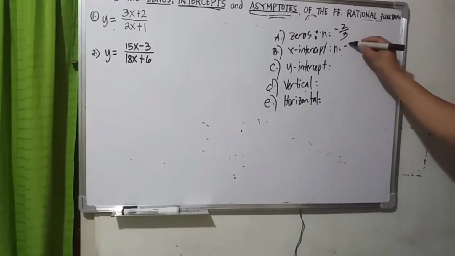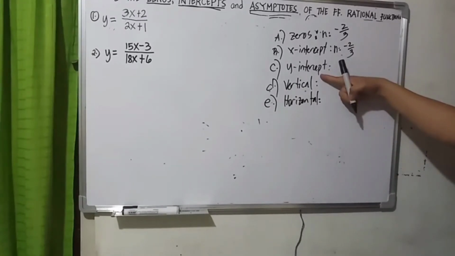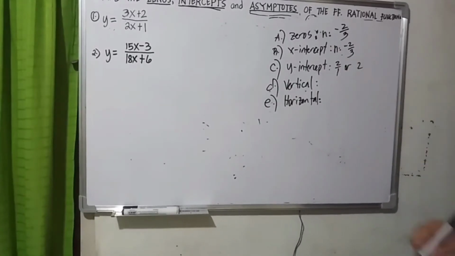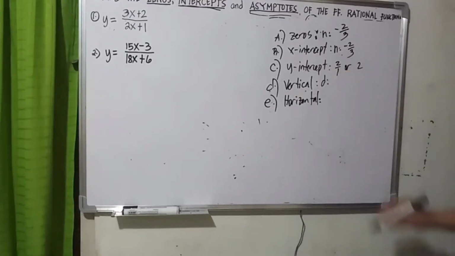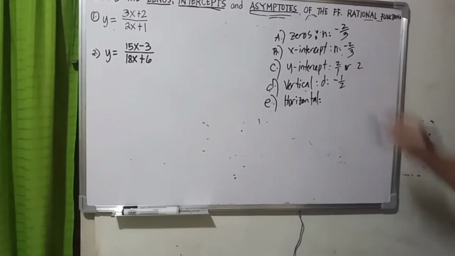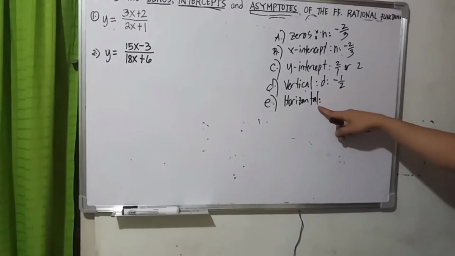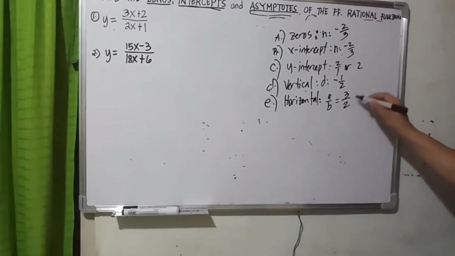So that is negative 2 over 3 pa rin. Sa y-intercept, the constant of the numerator and the denominator, that is 2 over 1 or 2. Vertical asymptote, nakabase tayo sa denominator. So that is negative 1 over 2. And yung horizontal asymptote, mayroong restrictions. Pag the same ang exponent, so that is a over b. So that is 3 over 2.